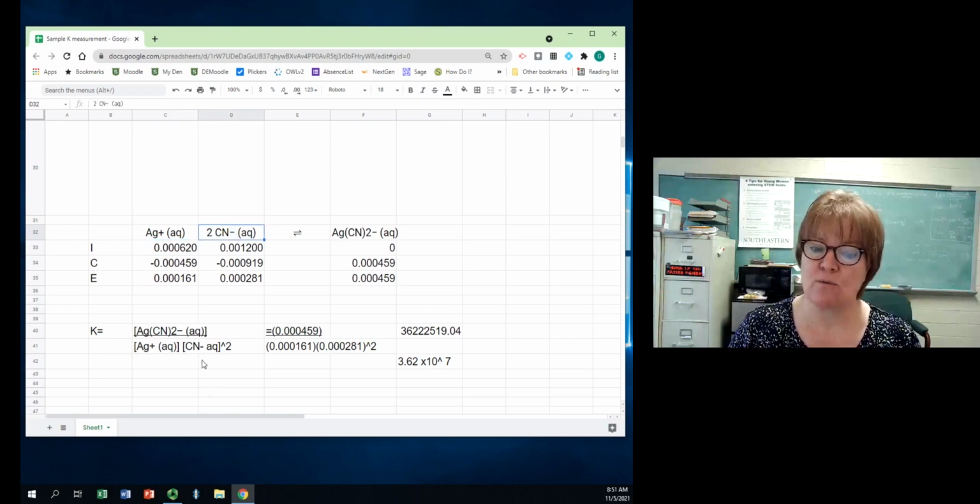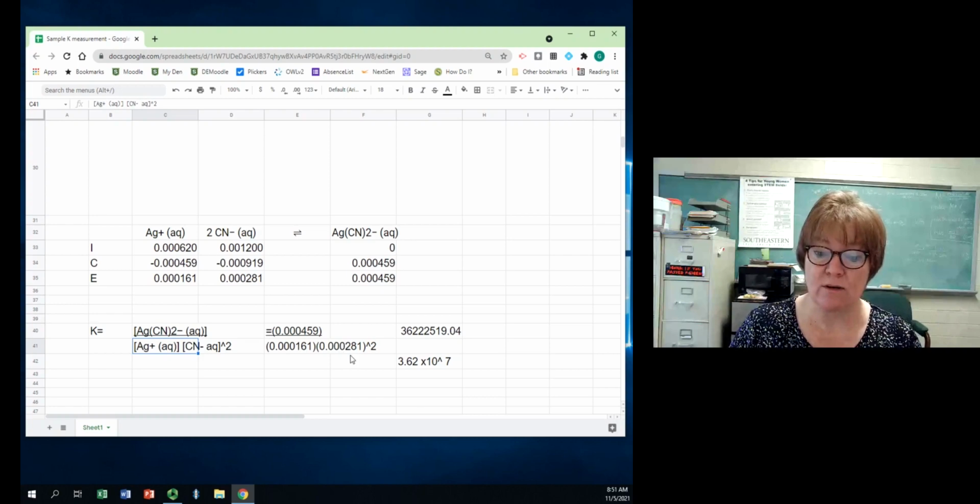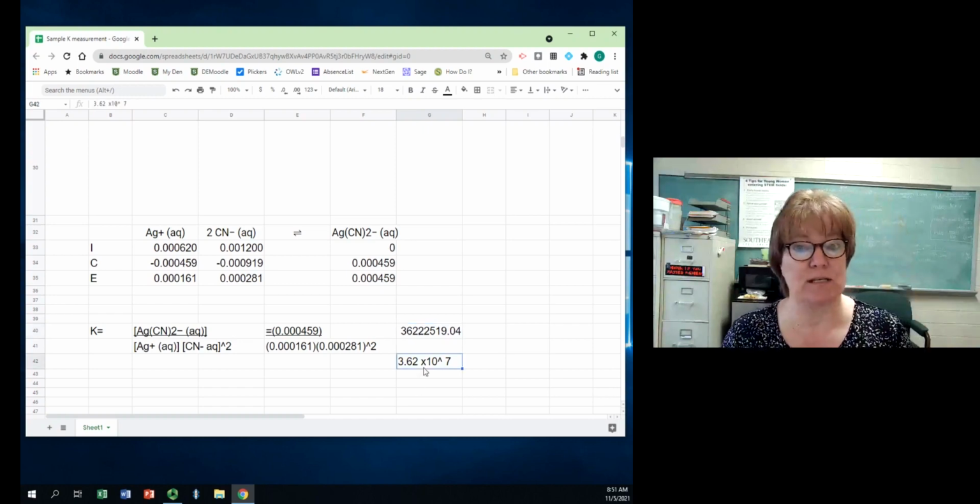There's a 2, so I would square that concentration. So this is my formula, 0.000459 on the top, divided by 0.000161, also divided by 0.000281 squared. I calculate that out. I get this really big number. If I round it to 3 sig figs and put it in scientific notation, I get 3.62 times 10 to the 7th.